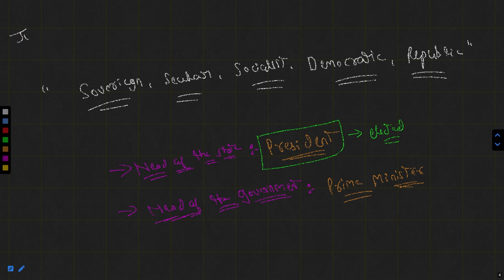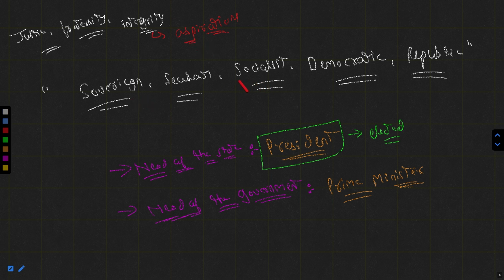And there are other words like justice, thereafter the fraternity, integrity. Okay. These words are also mentioned in the preamble, and this is called the aspiration. Okay.